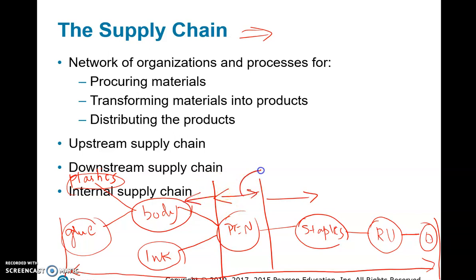And this is the operations part of it, the company which assembles these pens. So the supply chain starts from here and goes all the way to the end user. You have the supplier, the company which makes it, and then the end users. This whole thing is a supply chain.